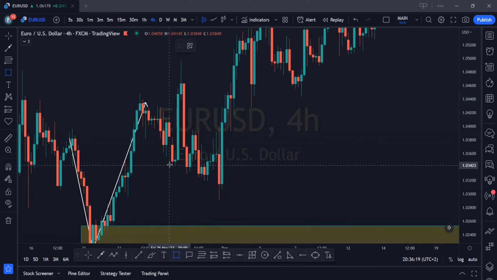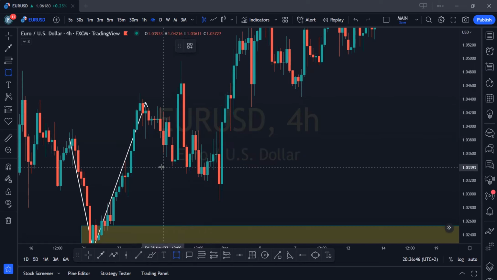So how do you map out a support zone? I recommend that you use a rectangle to map out a support and resistance zone. A support and resistance is not a line, it's not a price, it's a zone. Usually I'll recommend that you use the last candle before the reversal.